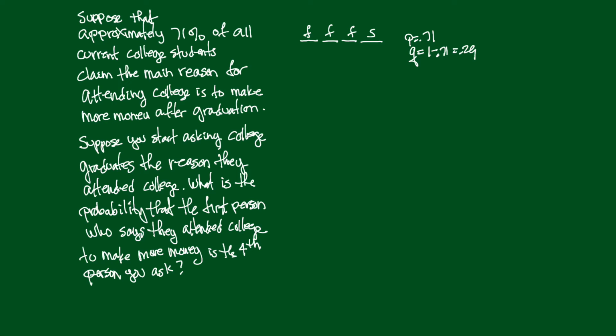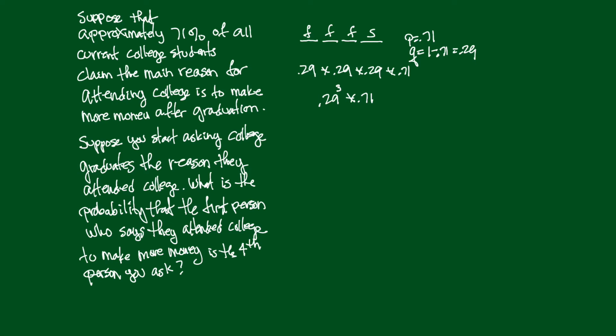So we're going to have 0.29 times 0.29 times 0.29 times 0.71, or if you like, 0.29 cubed times 0.71, although you could do it directly like this on your calculator. Just type all that in, or type in this right here.